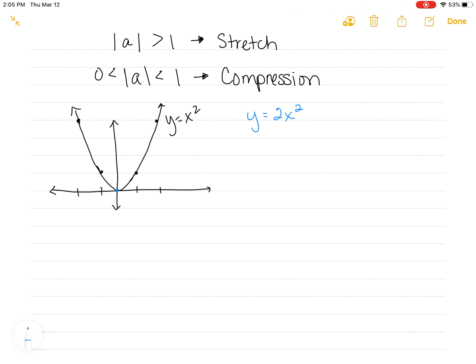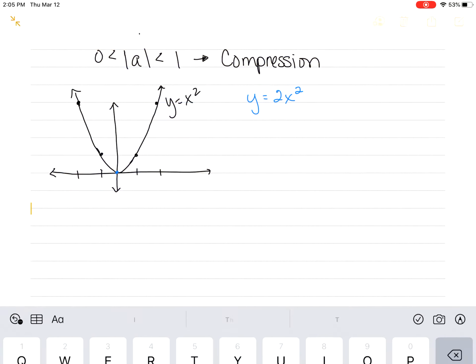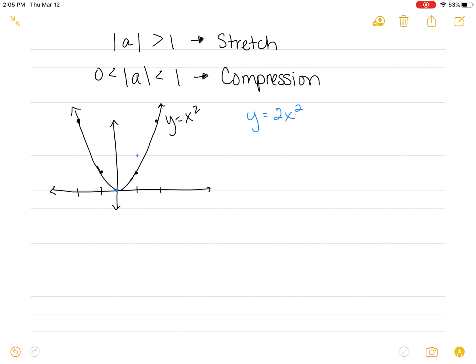So 0, 0 is going to stay the same. But here at 1, 1, I'm going to be up at 1, 2. And then I'd be way up here at 2, 8 rather. And so it's going to stretch up. It's like pulling a balloon upward. And if I compare those graphs, the graph is skinnier. It gets taller faster. So it's skinnier, it's taller. Those are a couple ways to describe that.